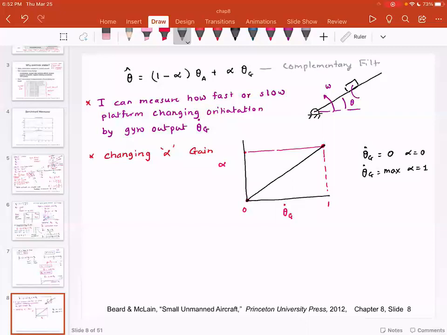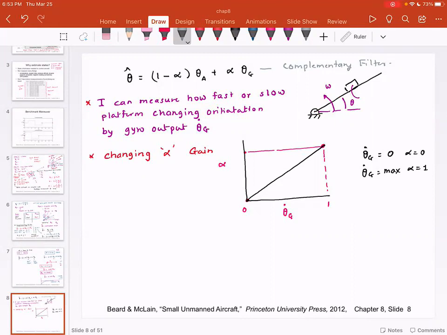Why is it called complementary? Because the angle measured by accelerometer and the angle measured by gyro have different accuracy in different operating ranges or different operating conditions, but they are complementary. Accelerometer angle is accurate when it is moving slowly. Gyroscopic angle is accurate when it's moving fast. So if you combine these using some sort of mixing coefficient, then this is called a complementary filter.